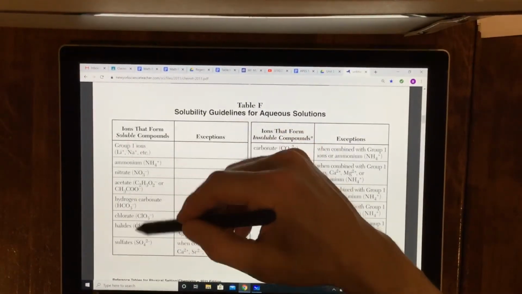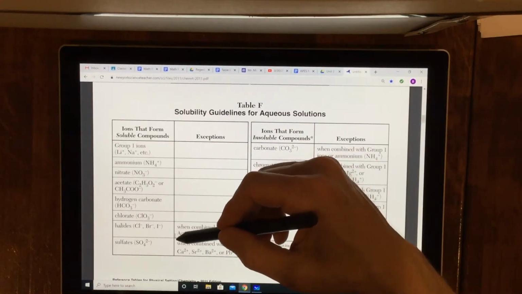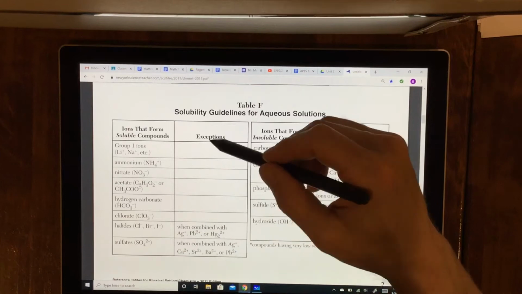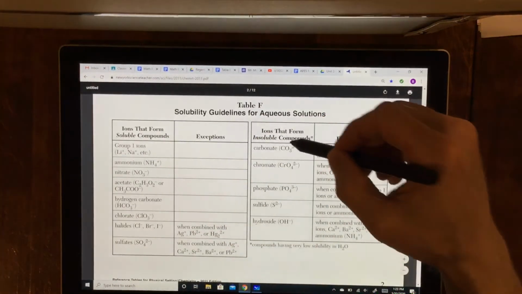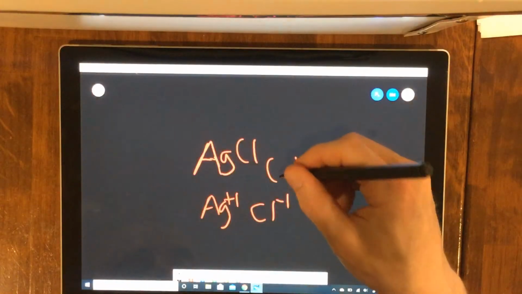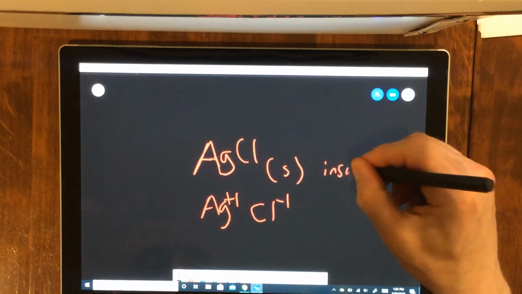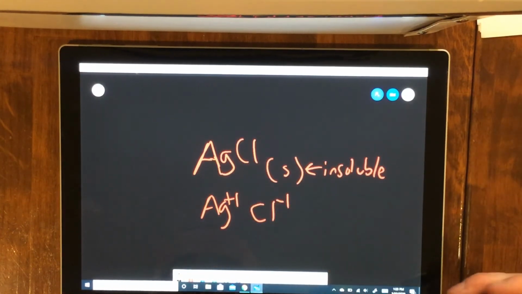So we know this is soluble. But if it is combined with Ag plus, then it's an exception. That means it's not soluble, which means insoluble. So because Ag is bonded to Cl, it's actually a solid, which means insoluble. And again, that's because of the exception.